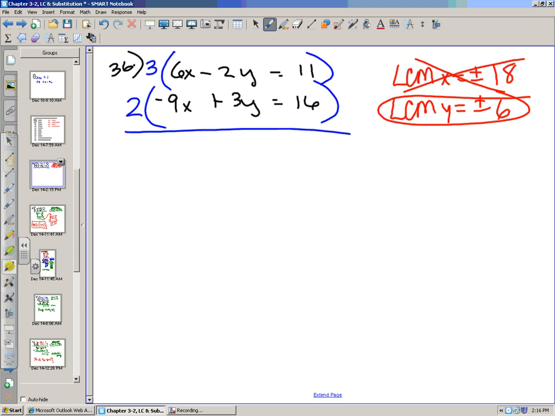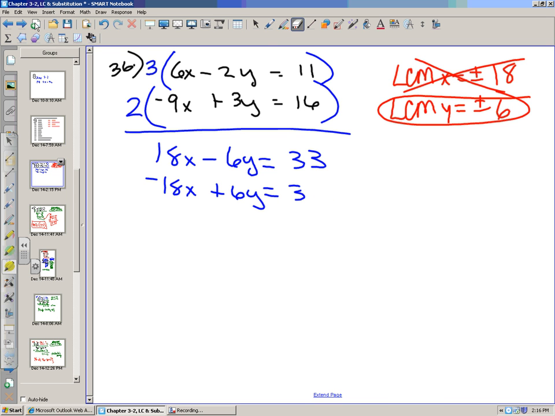So I distribute: 18x minus 6y is equal to 33. Negative 18x plus 6y is equal to 32. Now what? Add straight down.